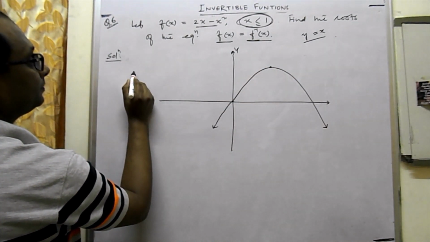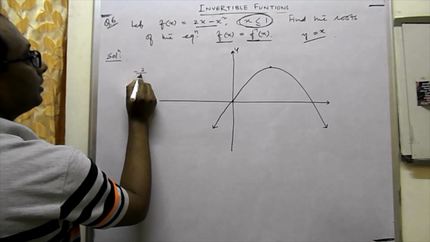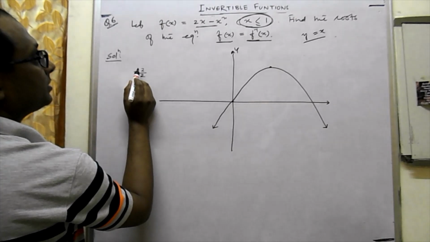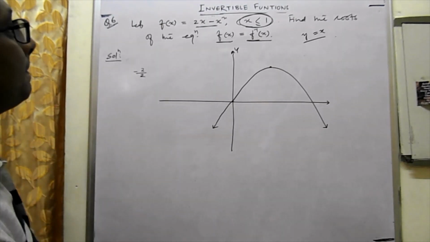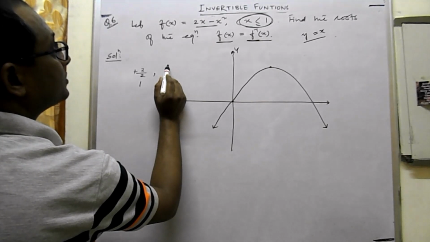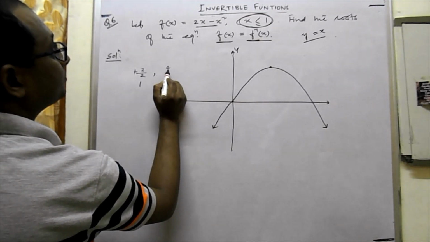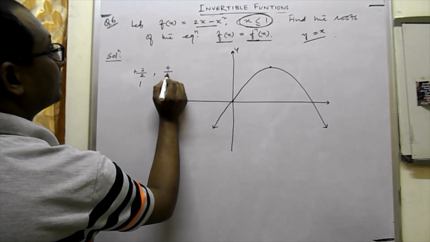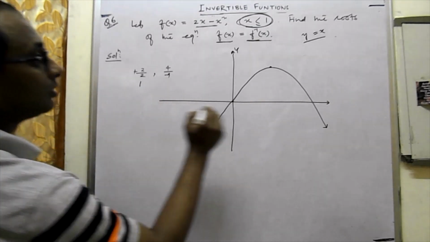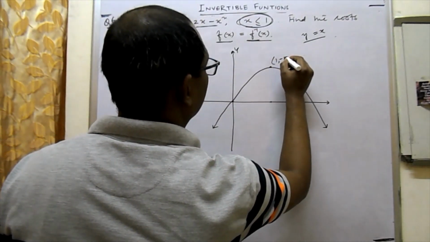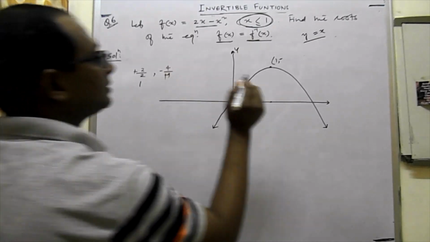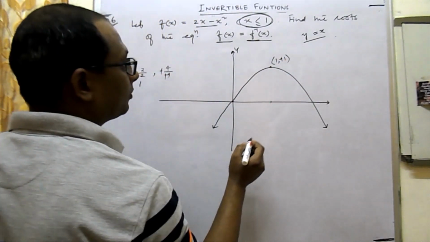It is minus b by 2a, that is minus 2 by minus 2, so 1, and y is minus d by 4a, that is b square minus 4ac: 4 minus 4 is 0, so it is 4 by 4, which gives 1. So this point is 1 comma 1.